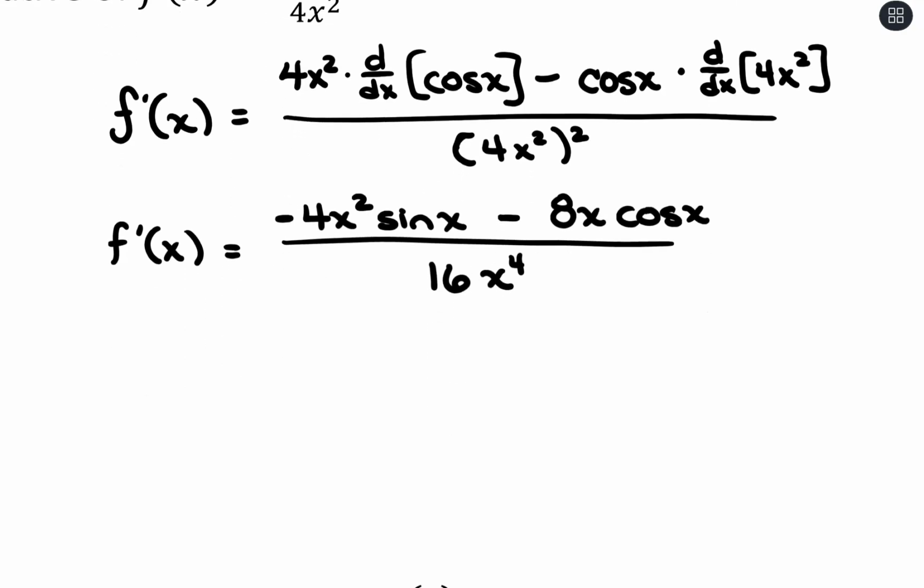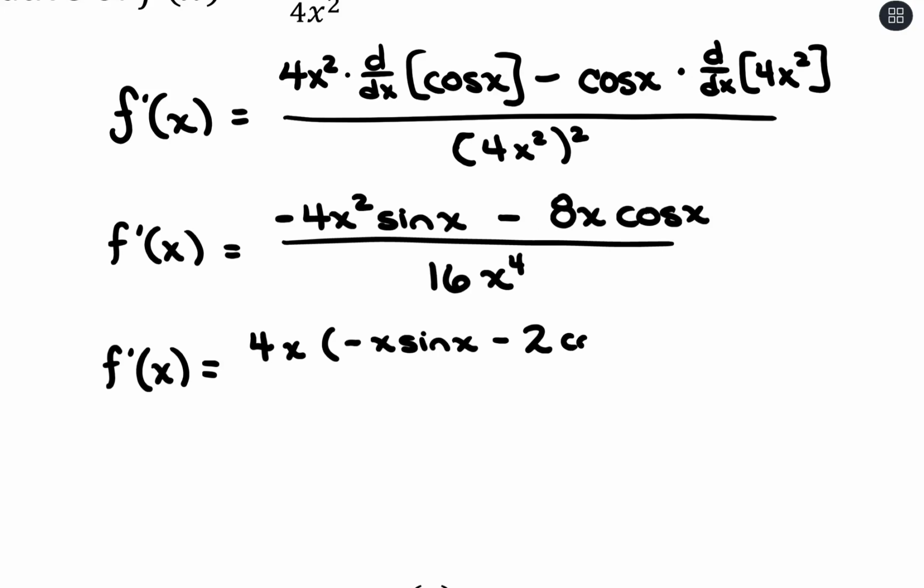All right, what I'm going to do is take out the greatest common factor in the numerator. And let's see, I'm going to take out 4. There is a negative 1, but that's not really going to help me here because there's nothing negative in the denominator. So I'm going to factor out a 4 and an x. And that'll leave me with negative x sine x minus 2 cosine x all over 16x to the 4th.